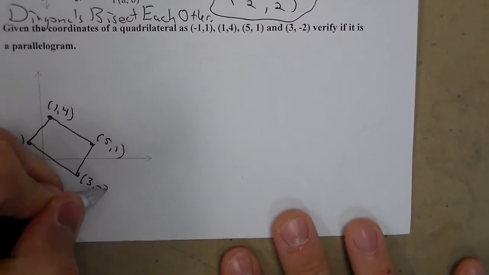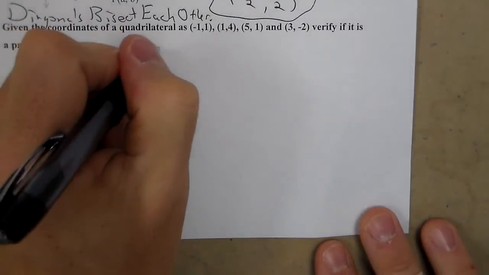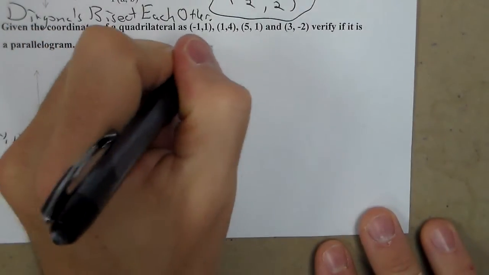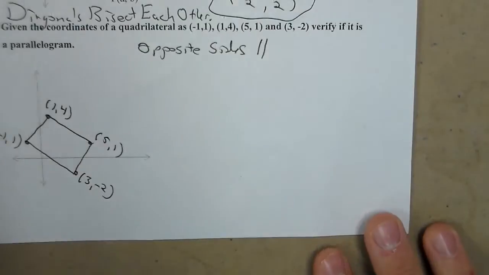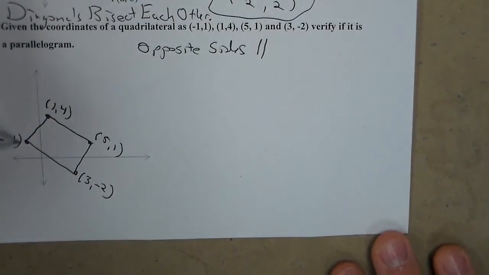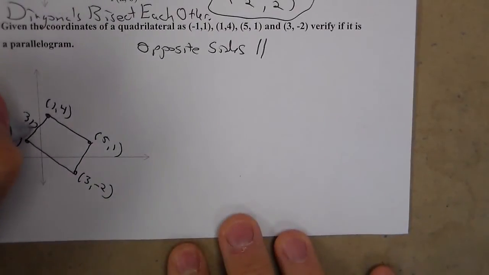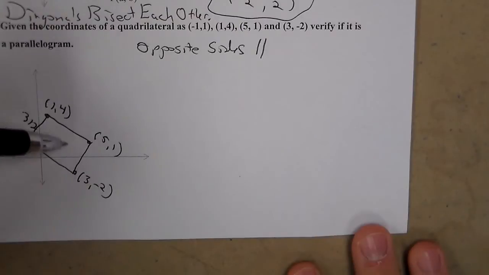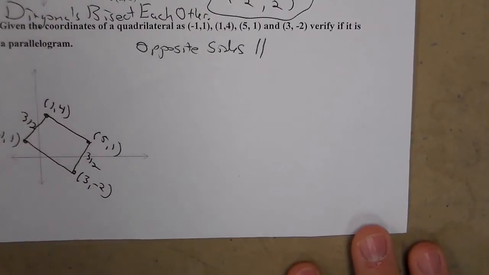Now, one way we can go and show this is a parallelogram is show that opposite sides are parallel. To do that, I'm going to look at their slopes. So this slope here, it went up 3 over 2, so that's 3 over 2. Down here, it went up 3 over 2, that's 3 over 2.